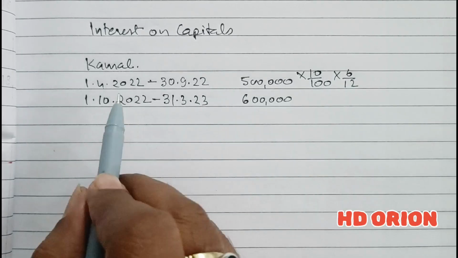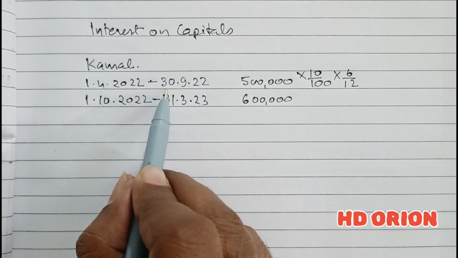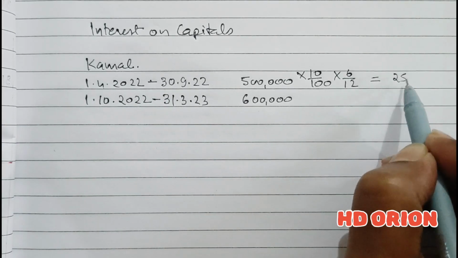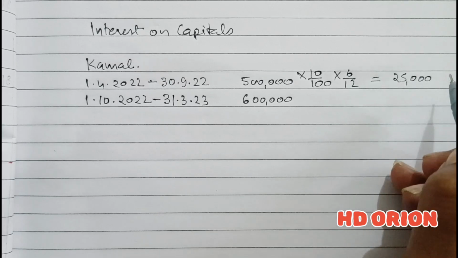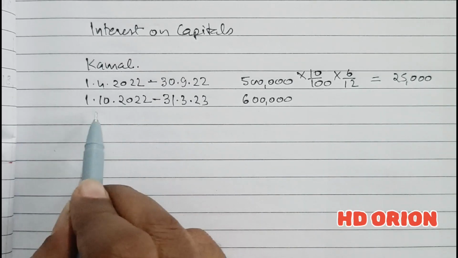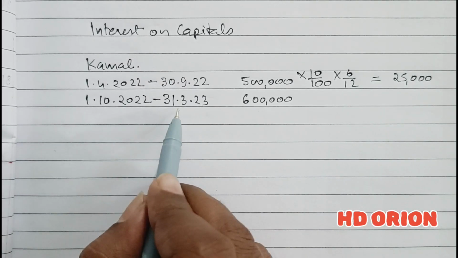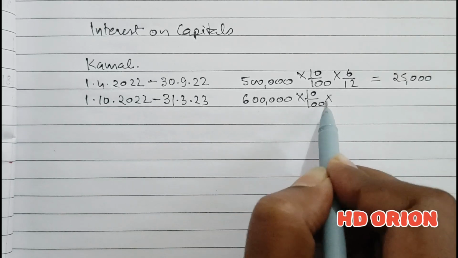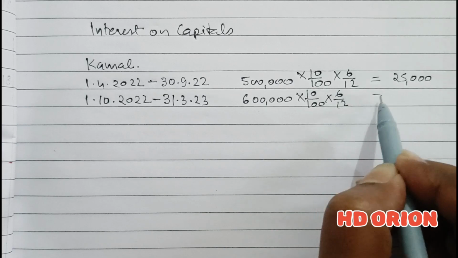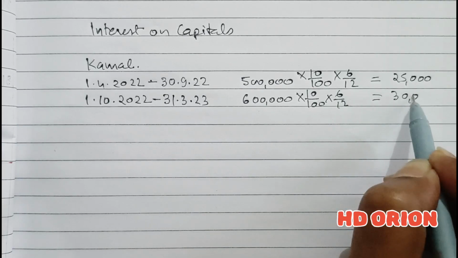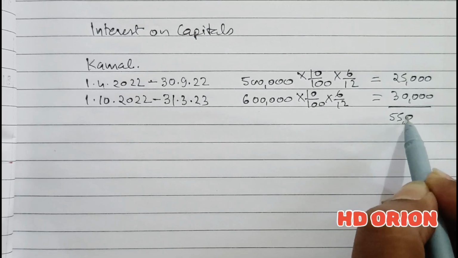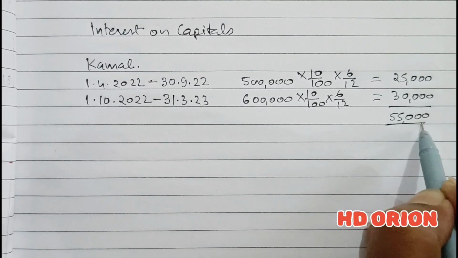It is for how many months? 6 months, from 1st April to 30th September, and therefore the amount is 25,000 rupees. And here also there is 6 months, from 1st of October to 31st of March, at the same rate, and it is 30,000 rupees. So total interest is 55,000 rupees for partner Kamal.